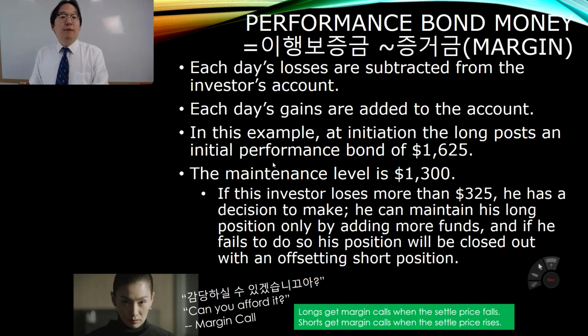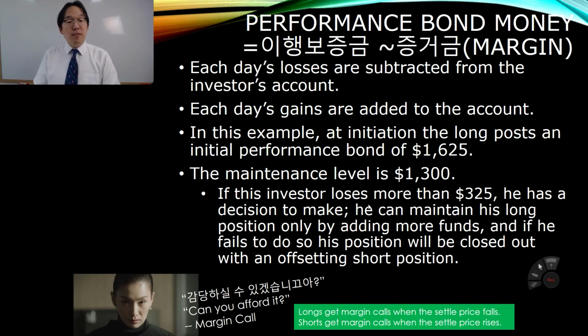Okay, now let's see. Each day's losses are subtracted from the investor's account by the clearinghouse. Each day's gains are added to the account. It's a zero-sum game. In this example, at initiation, the long posts an initial performance bond of $1,625. The maintenance level is $1,300.